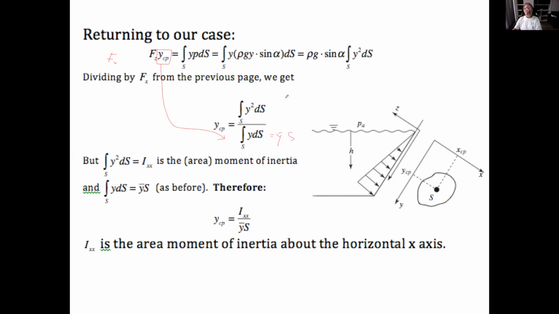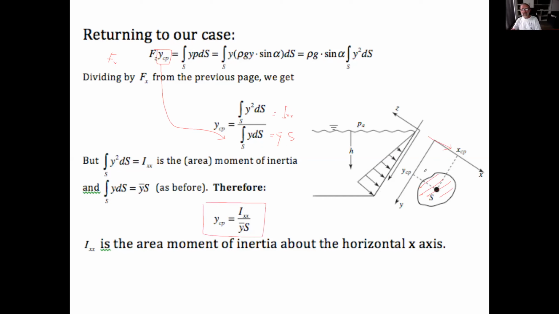And turns out that this is actually Ixx, the moment of inertia. Again, this is not fluid mechanics, this is dynamics. Okay, so that's the moment of inertia. Therefore, we conclude, now you have to look at that, and then you have to take the moment of inertia of that surface about this axis. And therefore, this is how you find ycp.